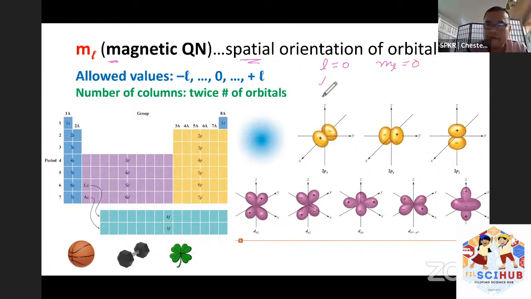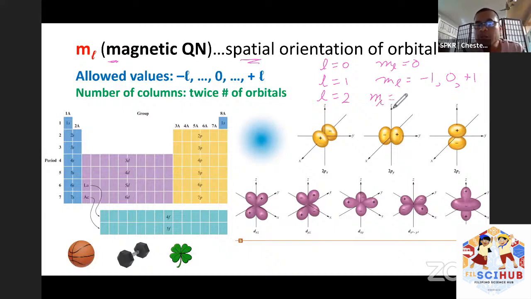Okay? If your L is actually 1, ano yung M sub L values mo? Yung M sub L values mo is going to be negative L. So minus 1, 0, plus 1. And then, if your L is actually 2, ano yung M sub L values mo?